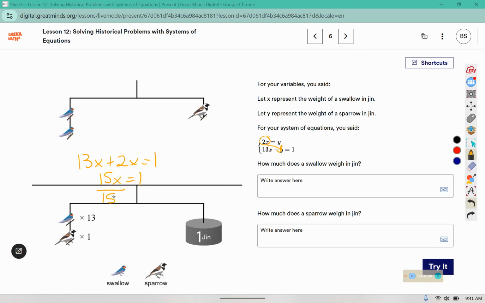Then divide both sides by 15. And you see we get 1/15 for x. Then we'll plug it back in to the original equation. 2 times 1/15 equals y. Well, 2 times 1/15 is 2/15, just like we said earlier.